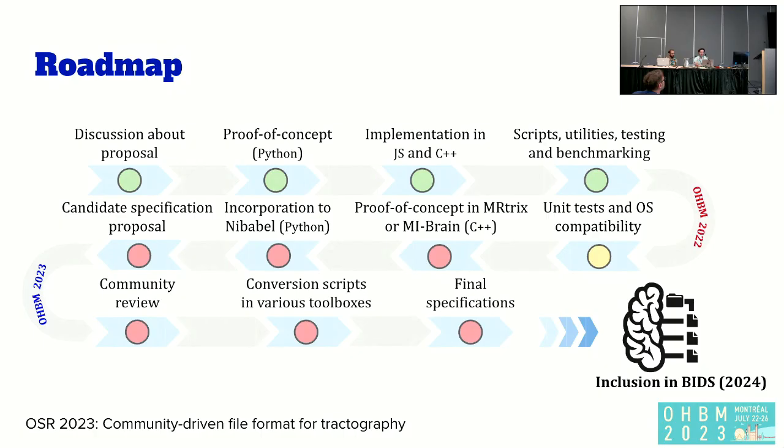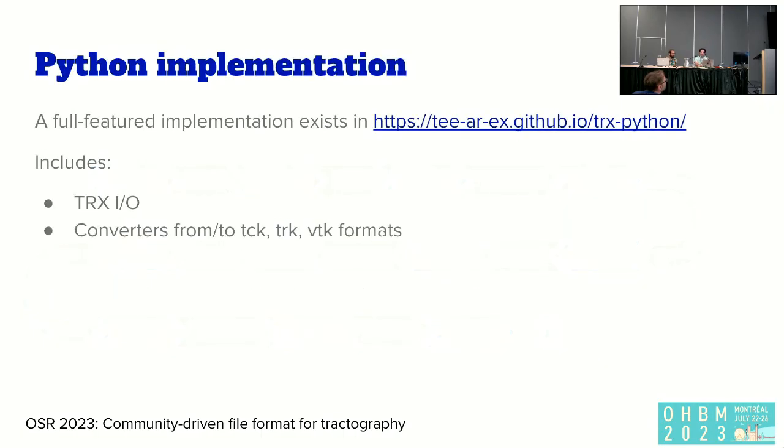So where are we? There is a Python implementation that is 99.9% authored by Francois Rheault, and is full-featured. It includes both input-output for these kinds of files, and also converters from other file formats, scripts to convert between existing file formats and this file format, which is helpful.